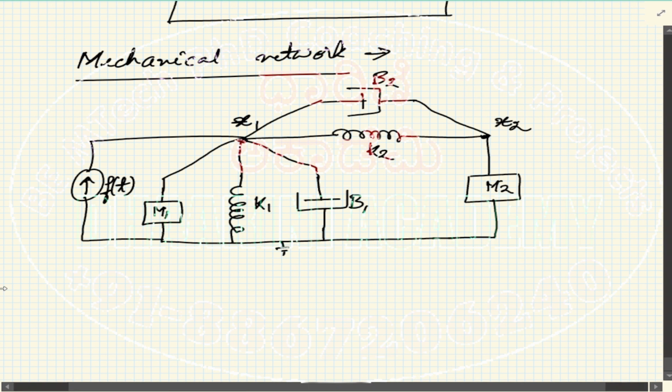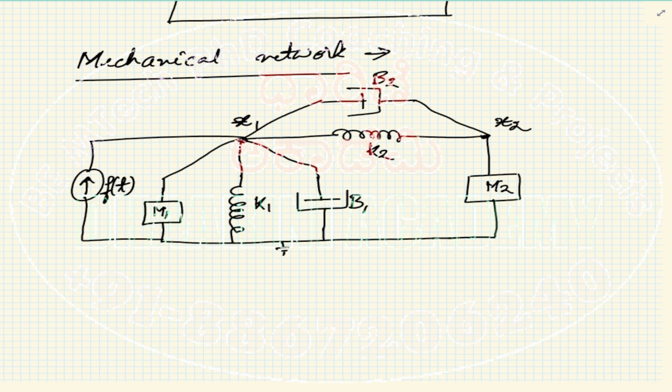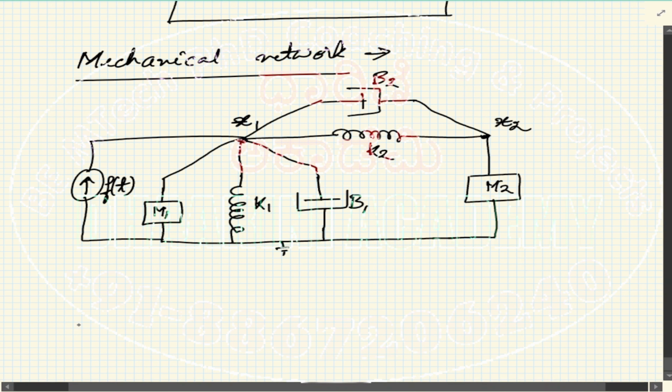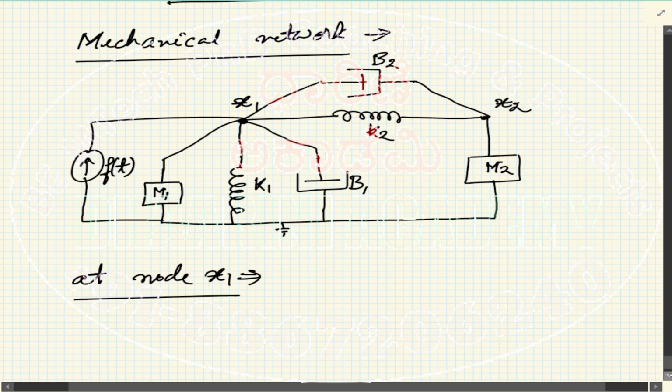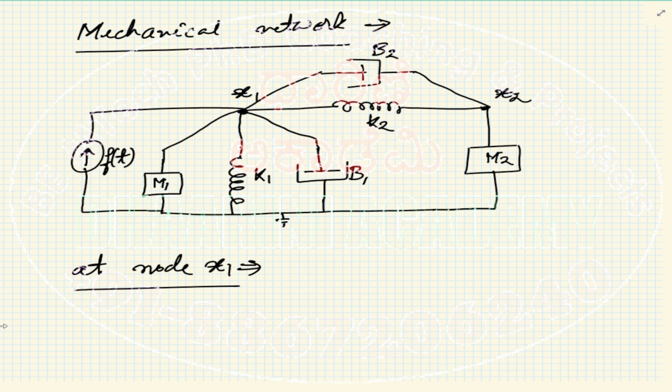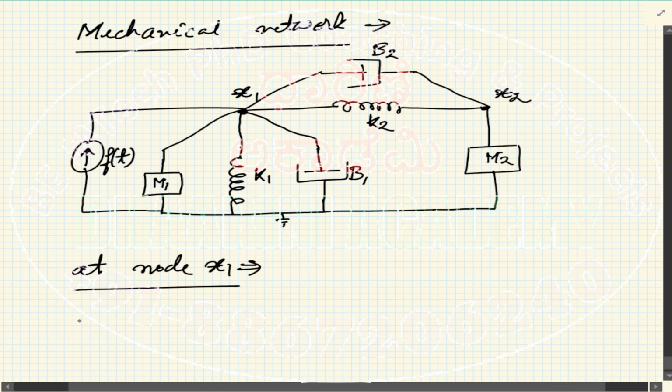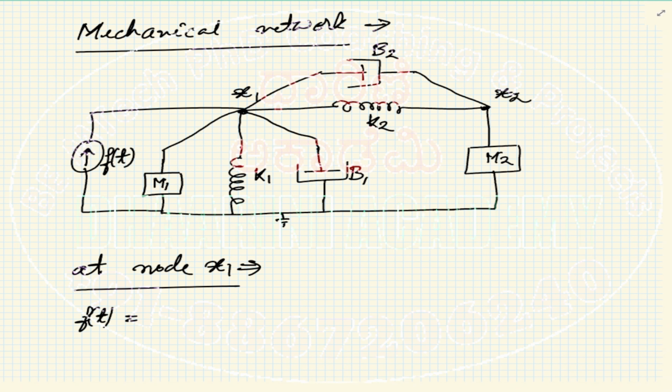We have to write the equations relating the force and the response at each node. At node x1, the first node, we write the response for every component connected. The input is f of t, and the input is equal to the output.